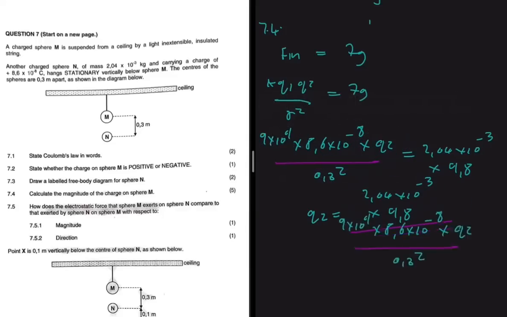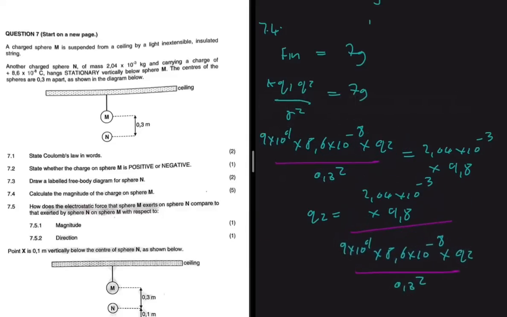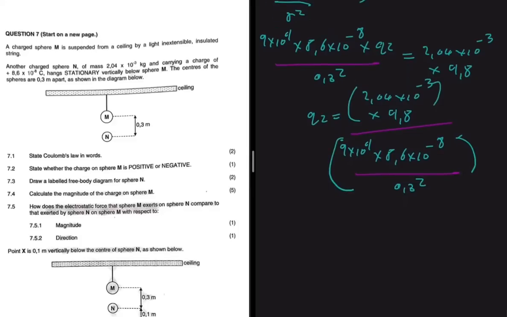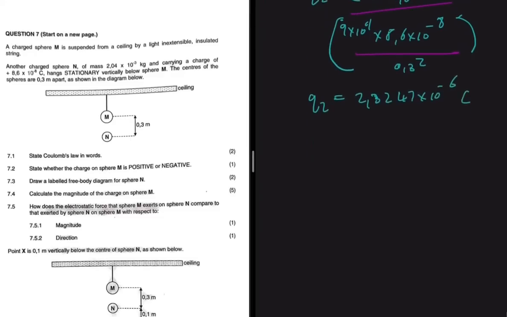The numerator is one term and the denominator is one term. If you put that in your calculator, you should get Q2 equal to 2.3247 times 10 to the minus 6 coulombs. Now let's do 7.5, so we have 7.5.1.